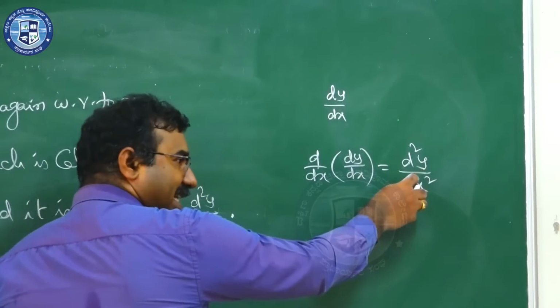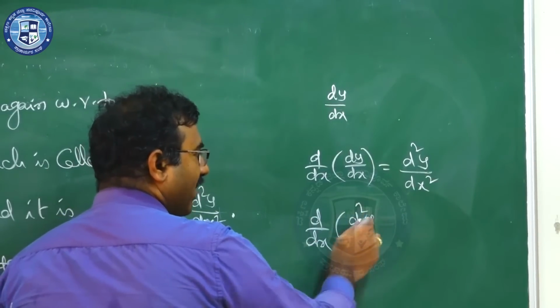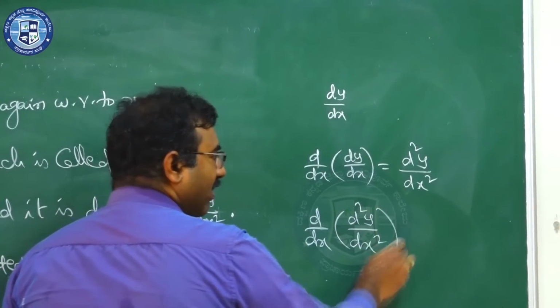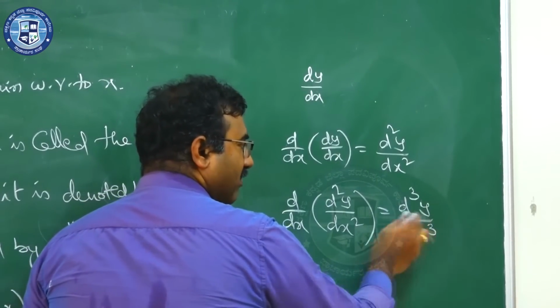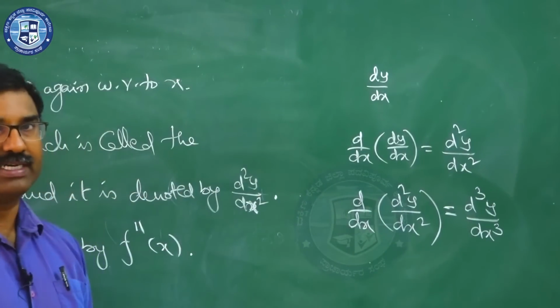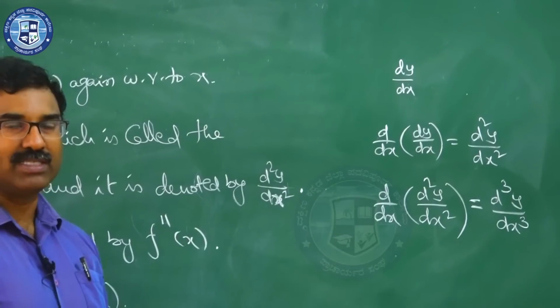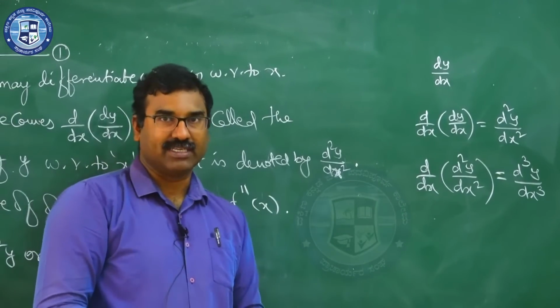If this is again differentiable, you can do one more differentiation, and you get d cube y by dx cube, like this. Likewise we can define the higher order derivatives also. It is not so difficult, you have to differentiate one more time, that's it.